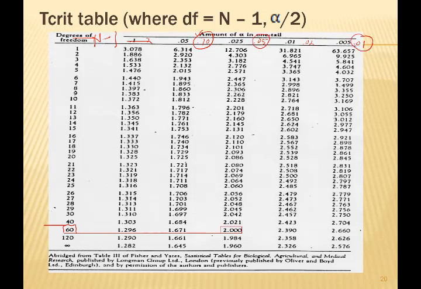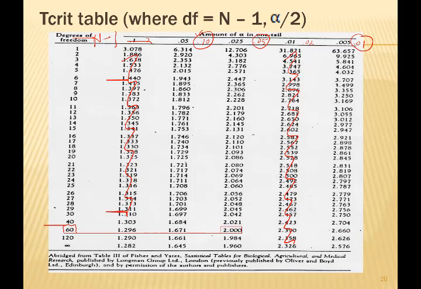So that means we're not going to use this column and this column. That eliminated the 2 columns and gave us the 3 possibilities now. So at the alpha of 0.1, we have a t-crit of 1.671, at the alpha of 0.05, 2.0, and at the alpha of 0.01, 2.660.